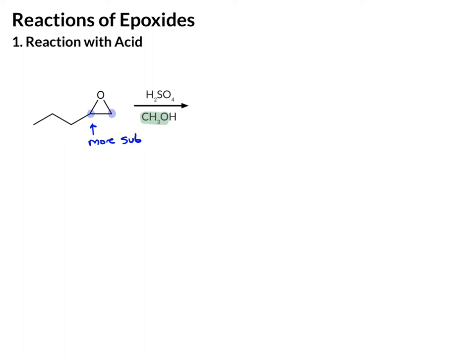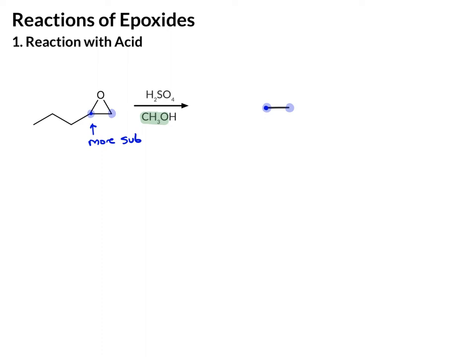So just to draw the product, what I can do is I'm just going to start with where the epoxide was. Here's those two carbons that I've highlighted in blue. And I'll even put an extra dot on the one where the nucleophile will add, this one right here.